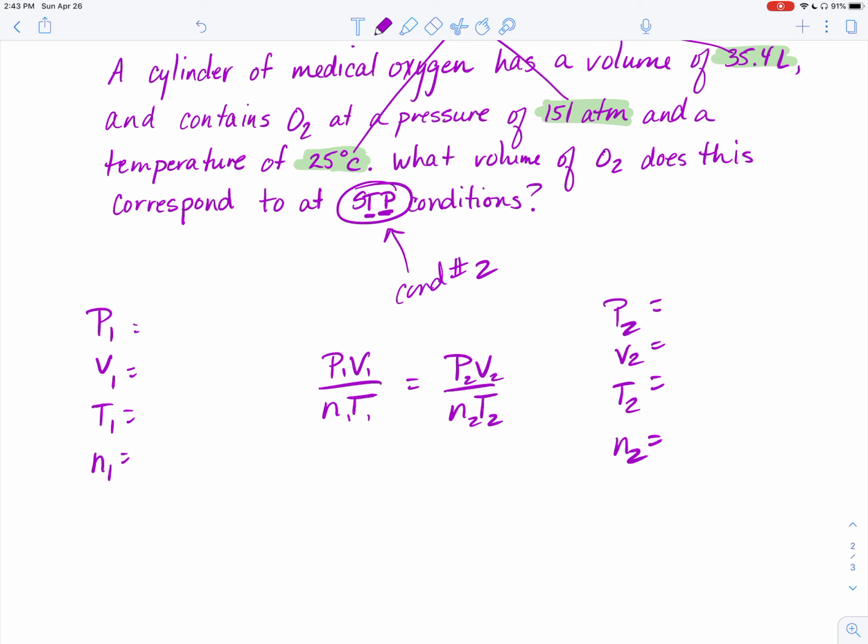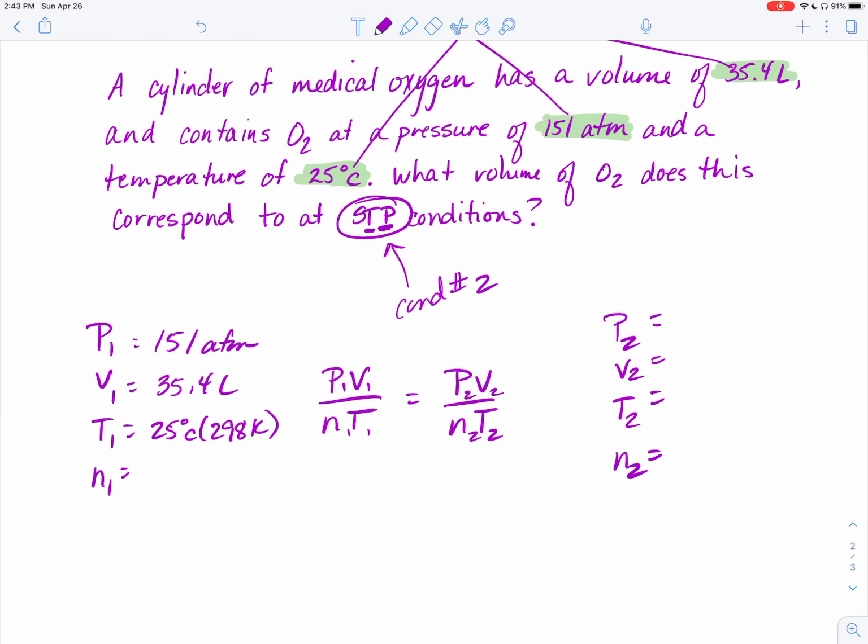Let's see what we got. P1 is 151 atm, V1 is 35.4 liters, T1 is 25 degrees C or 298 Kelvin. We don't have an N1, so let's hold off on that for right now. What about P2? We do know P2 because it's a standard pressure. That standard pressure is 1 atm. V2, that's what we're trying to solve for, so that's unknown.